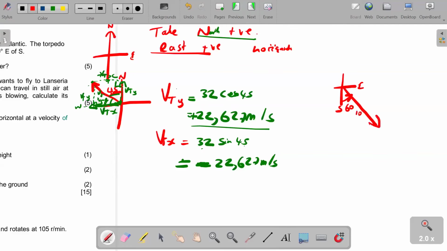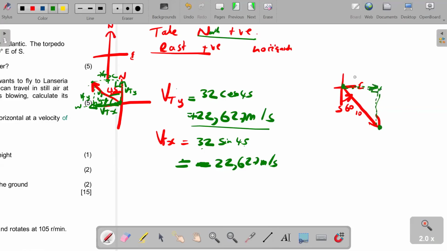So with that in mind, I now want to indicate the two components of the freighter. I'm taking this direction here, from the tail to the head. A right angle triangle has also been formed.